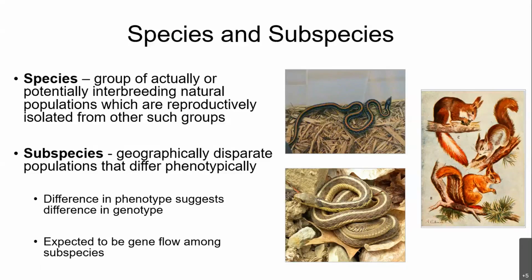However, the definition of subspecies, these are geographically disparate populations that differ phenotypically. So in this definition, there is mention of morphology. So you can see right off the bat how the species and subspecies can get into these gray areas. Difference in morphotype or morphology suggests a difference in genotype, and within subspecies, there's expected to be gene flow. So if there wasn't gene flow, then they would be species, right?